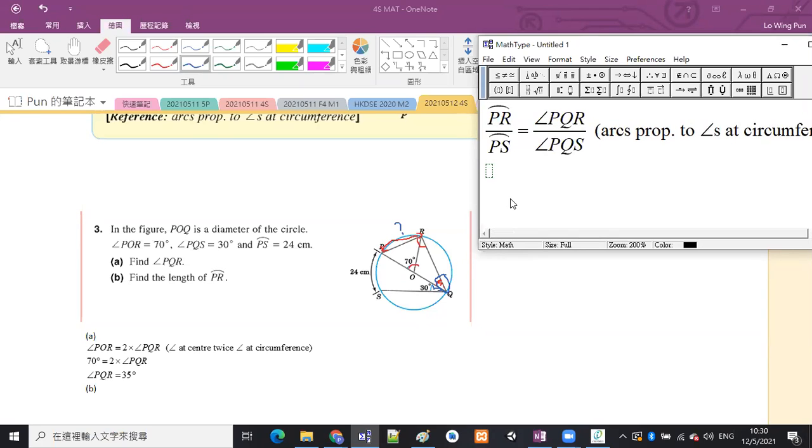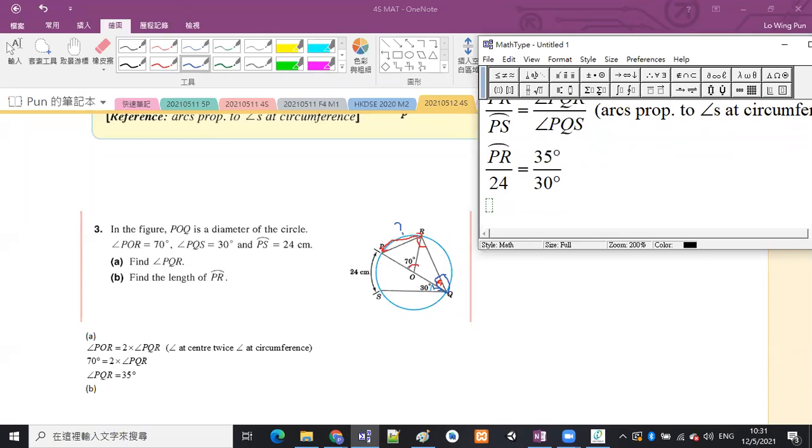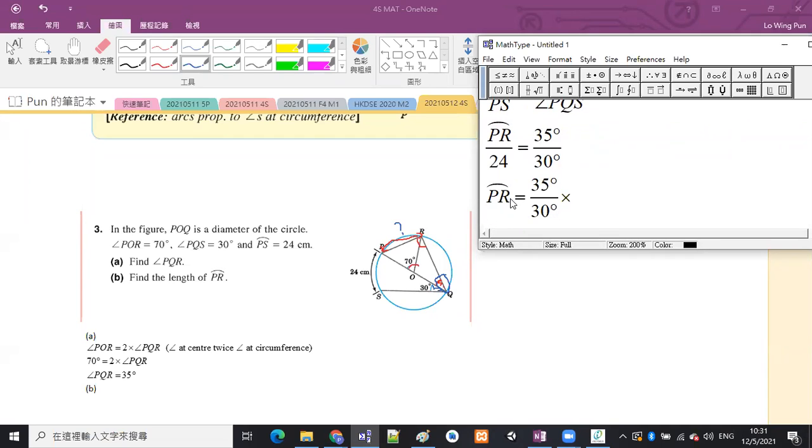Okay, and then we just fill in the numbers. Arc PR is what we want to find, so it will be the unknown. And then arc PS is 24 cm. And then angle PQR is what we have found in part A, so that should be 35 degrees. And then angle PQS should be 30 degrees. 好啦，點解我叫你將要求嗰樣嘢寫喺左上角咧？因為下一個 step 只係將左下角嗰個數字乘翻過去對面就得㗎啦，唔使將啲 terms 調嚟調去。永遠將求嗰樣嘢寫喺兩個分數嘅左上角。Okay, so that should be like this, times 24.